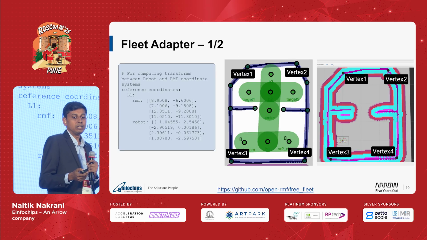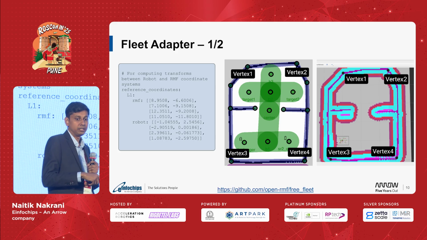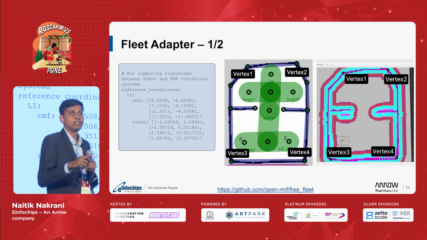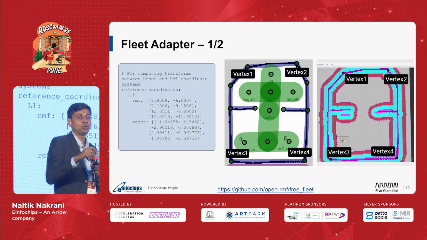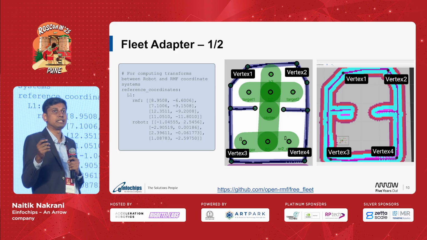The next step is to align the map which is generated by SLAM and the map that you have created in your traffic editor system. What essentially is required is reference coordinates. On the left side you can see you have to choose any 4 different vertices in X and Y coordinates. And on the right hand side you can see it's an RViz map.